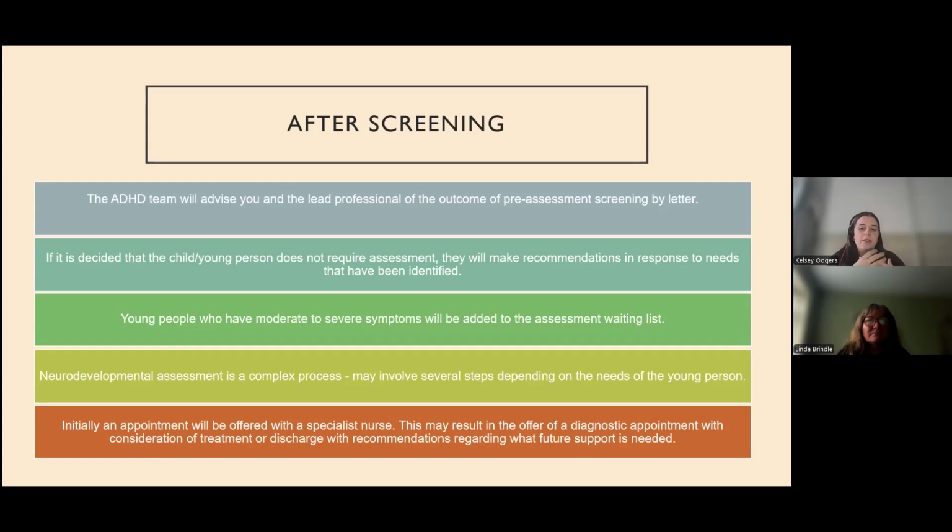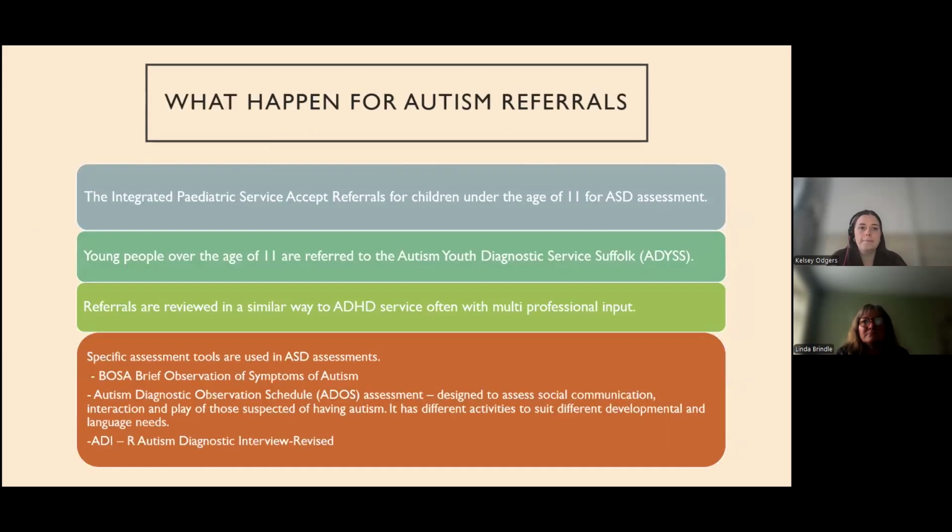And that's then with the consideration of treatment or discharge, with recommendations of what ongoing support is needed. So again, it's a bit of a whistle-stop tour, but hopefully for those of you who have a child waiting for this assessment, it gives you a bit more of an understanding of what to expect next, what those next steps look like.